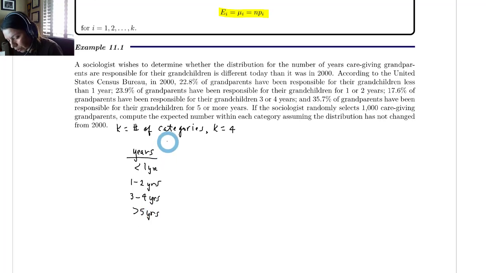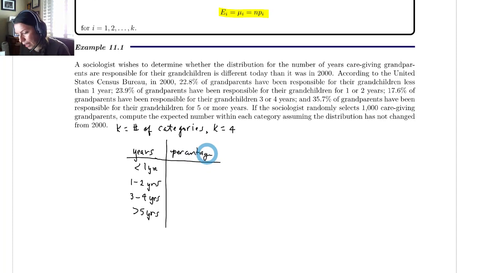And so here, now what's the probability, right? So the percentage in each category. So we have what was observed in the year 2000, right? So let me write that down.